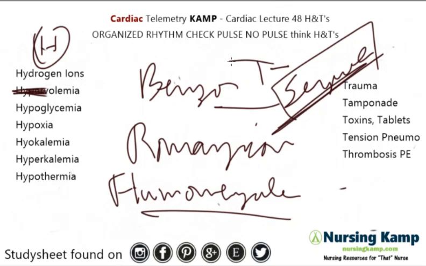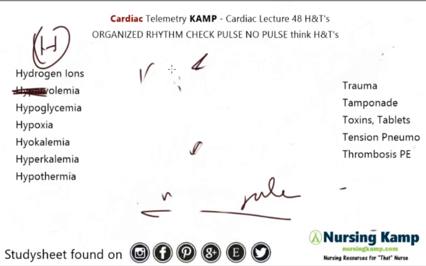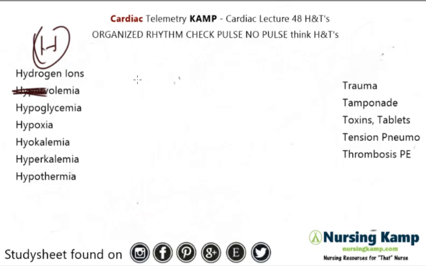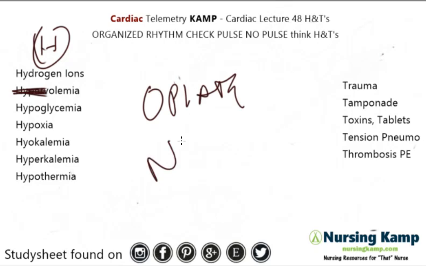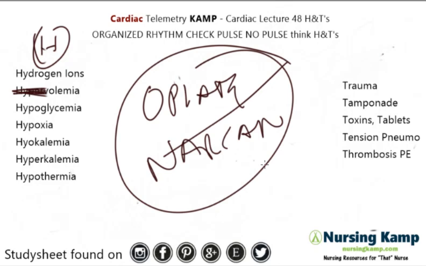See my lecture on benzodiazepines. Then the other toxin could be other overdose medications, or opiates. And the antidote is Narcan for that. So just to think about it, as far as why they might not have a pulse.